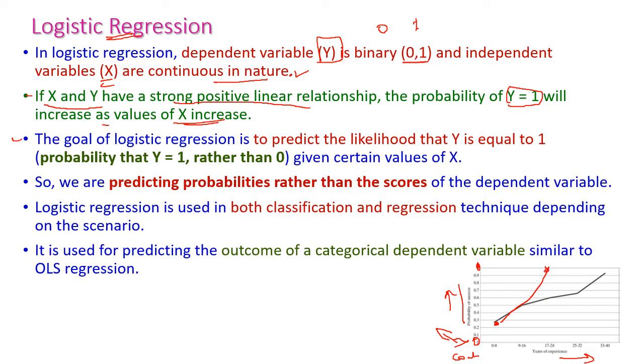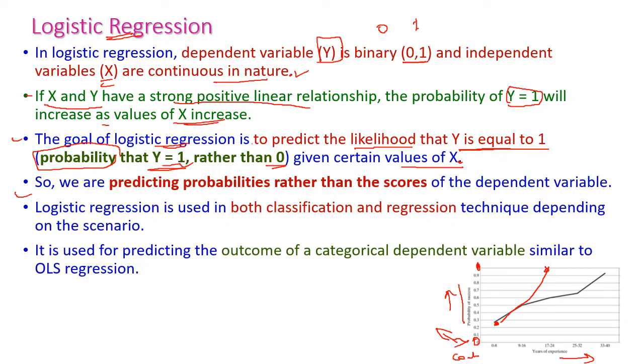Here the goal of logistic regression is to predict the likelihood that y equals 1, that is, the probability that y equals 1 rather than 0, for a certain value of x. Here we are going to predict only the probability value, not the exact value of y.